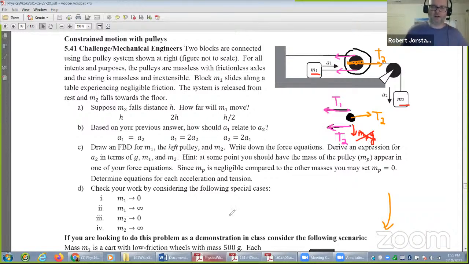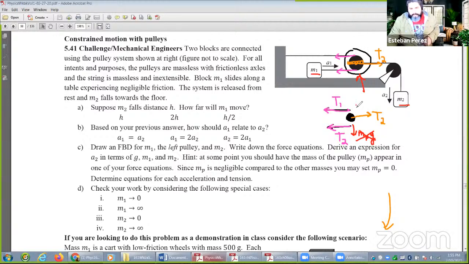Okay, so in this case, notice what we see about this, right? Which way is that pulley accelerating? To the right. With what magnitude? Is it A1 or A2?